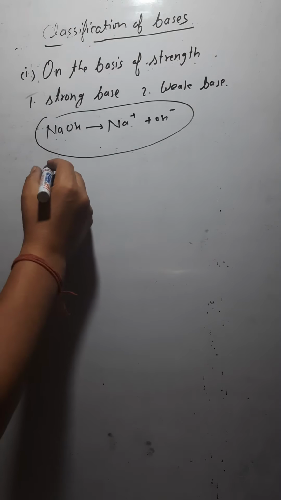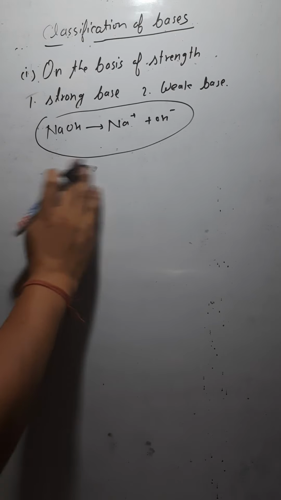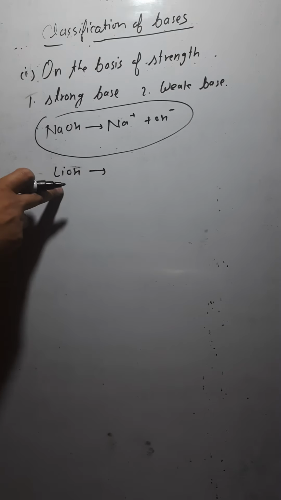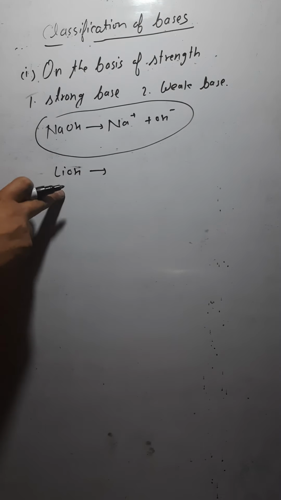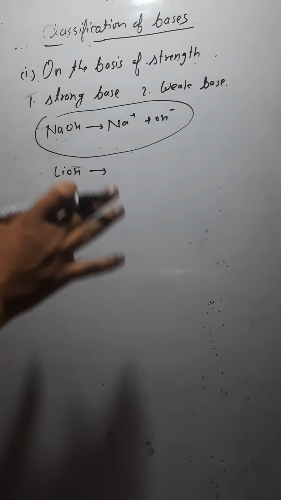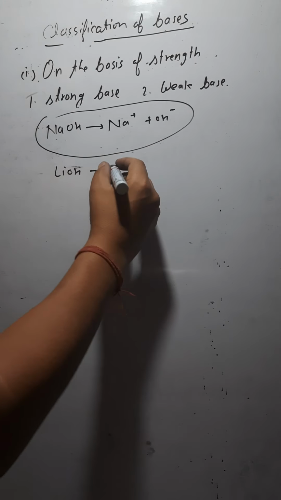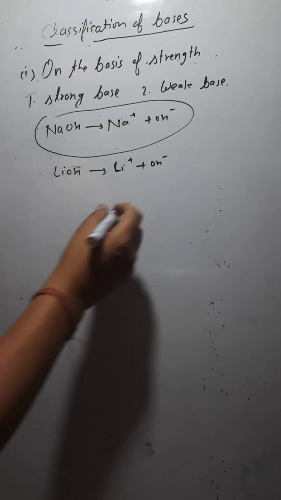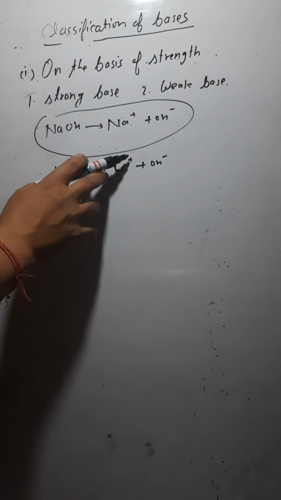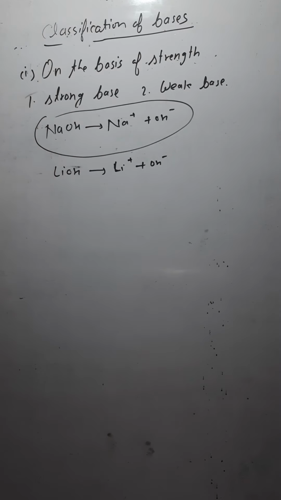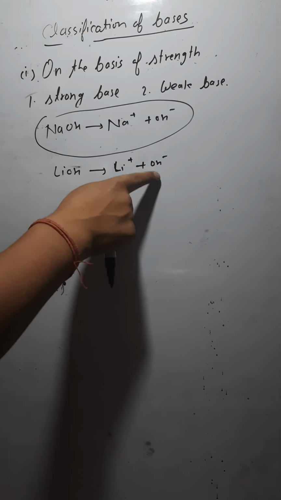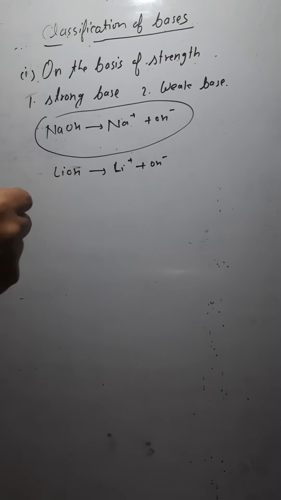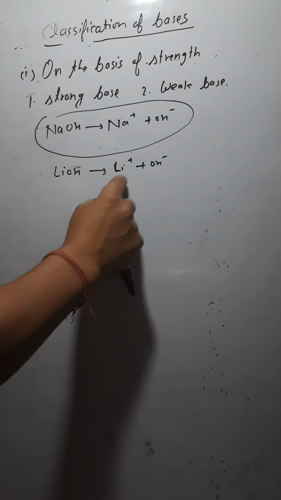But if you take the example of LiOH, that is lithium hydroxide, it would not undergo complete ionization, rather it will undergo partial ionization. So it would be separated into Li positive ion and OH negative ions. So this ionization is not the complete ionization here. Some positive and negative ions would not be separated, some are being separated.